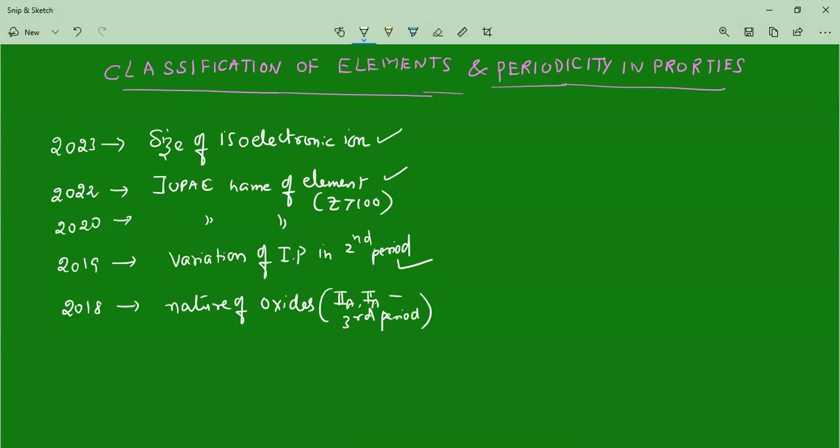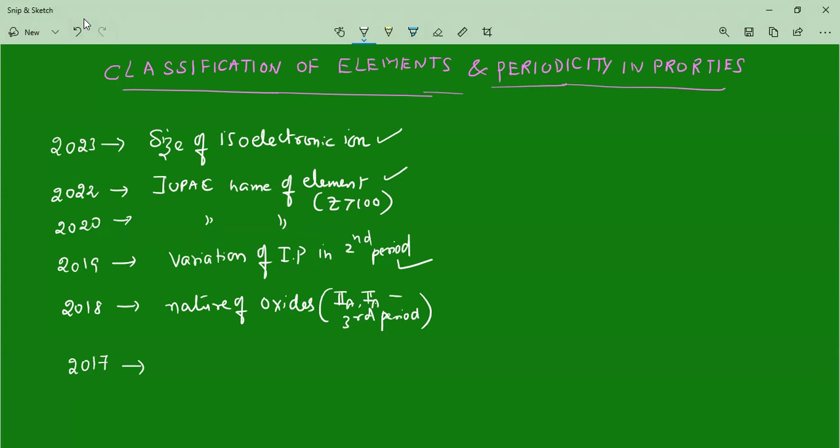That means metals are there, non-metals are there, and metalloids are there. Their respective oxides, whether acidic or basic in nature, that concept of the nature of oxides of metals and non-metals will be an important point in the coming exam.